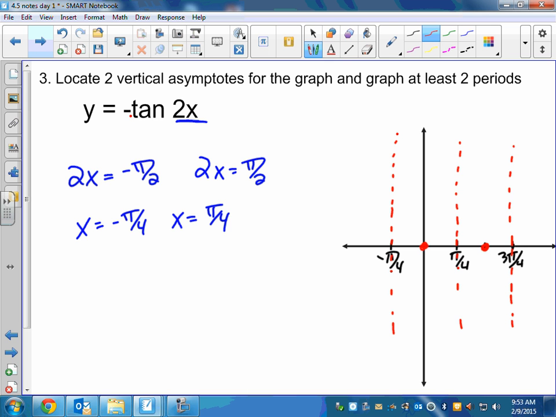Normally for tangent, which way does tangent normally go? And if you're not sure, just pick a point. Normally if you pick pi eighths, you plug that in there, you're going to get pi fourths. Normally this side goes up first, this side goes down, right? Like it looks like this. But what's this negative up here going to do to my graph?